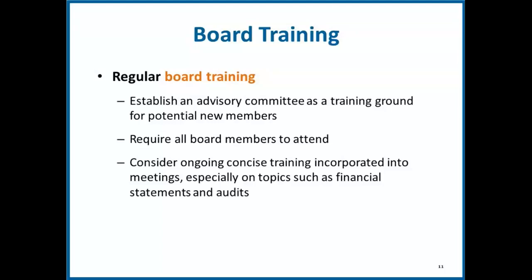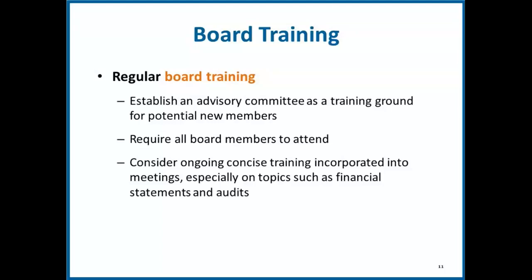So you can do a board training assessment to determine what types of training topics you need to train your board on. Using that board self-assessment also helps you identify gaps in the skills of the current board, as well as what skills and expertise you might need as you recruit new board members over time. So you can focus on what might be lacking, fill that, and build that overall capacity.